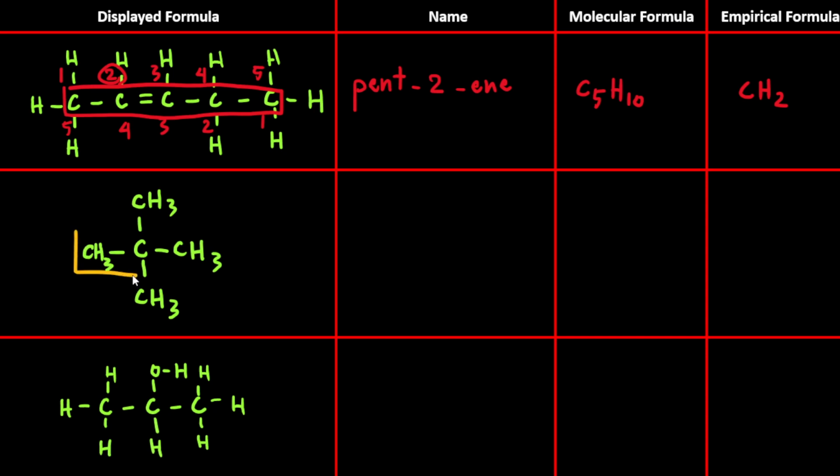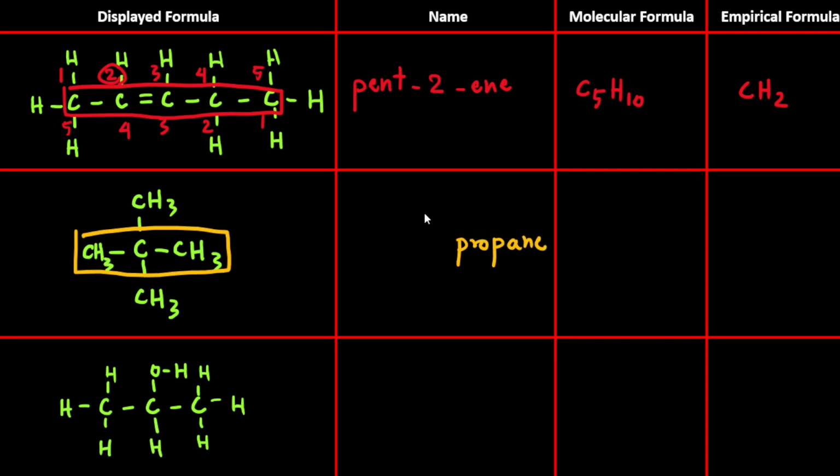So I'm going to put it this way. Now pay attention because this is something new, okay? So since I have 3 carbon atoms, it's going to be propane, right? P-R-O-P, all single bonds, so it's going to be A-N-E, propane.